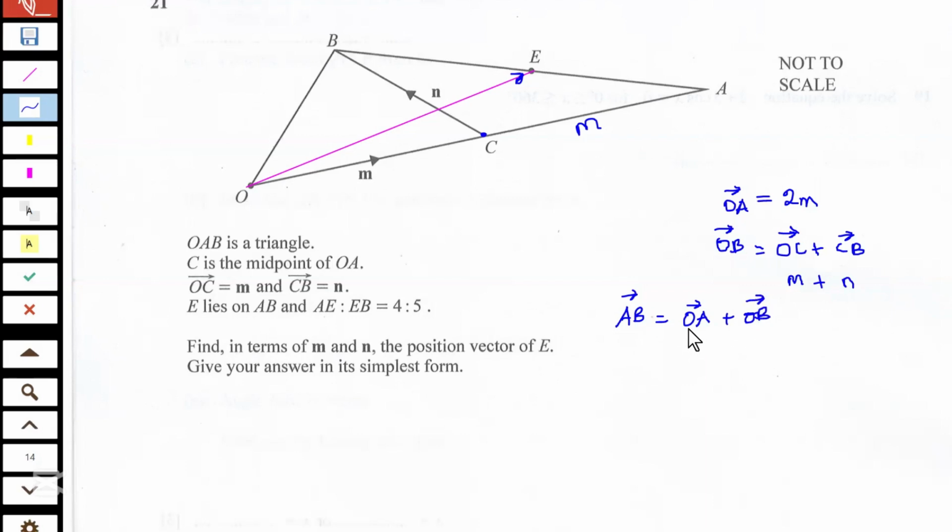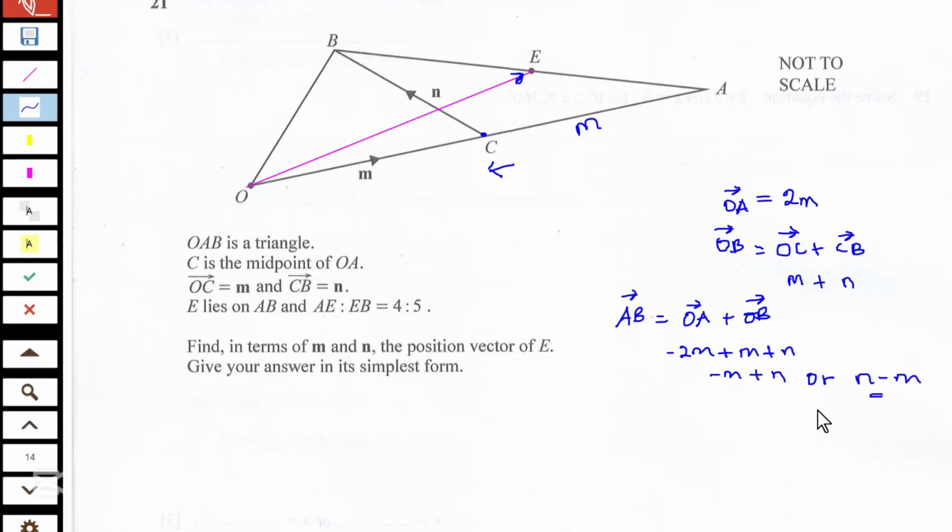So for AO, the change in direction shows that it's going to be negative 2m, plus vector OB, which is m plus n. Now, negative 2m plus m is just going to be negative m plus n, or can be written as n minus m.